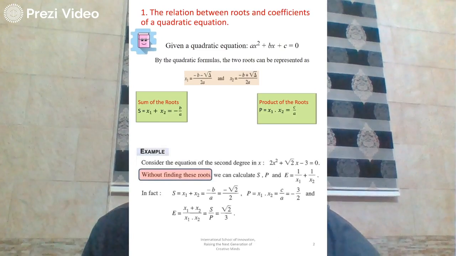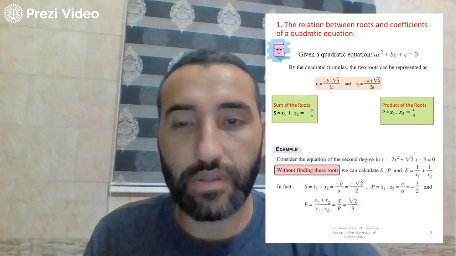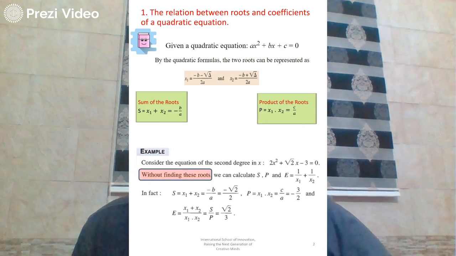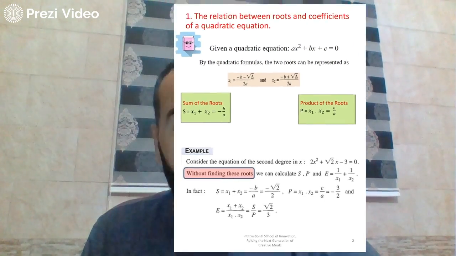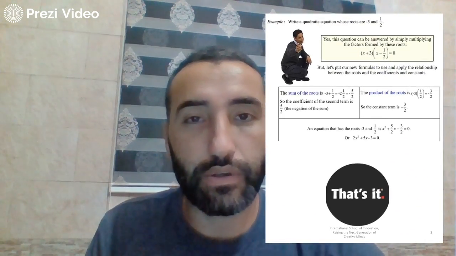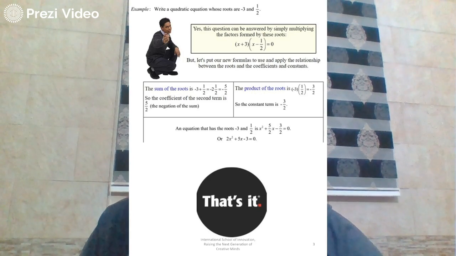and the roots, and we said that the sum, x1 plus x2, equals minus b over a, and the product, x1 times x2, equals c over a. And we also took how to write an equation whose roots are, for example, -3 and 5.